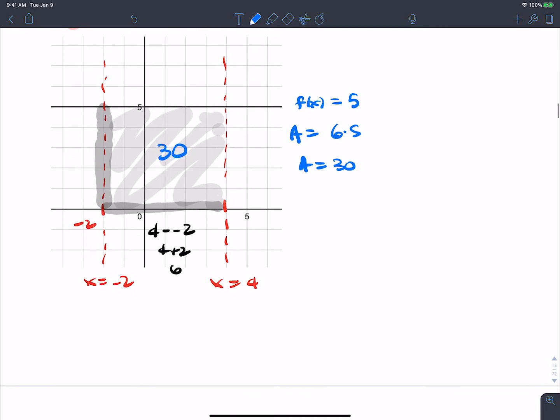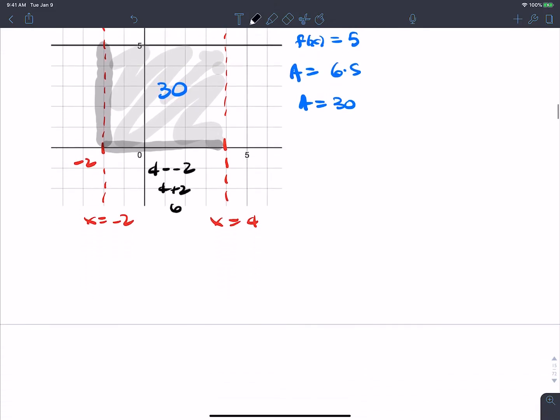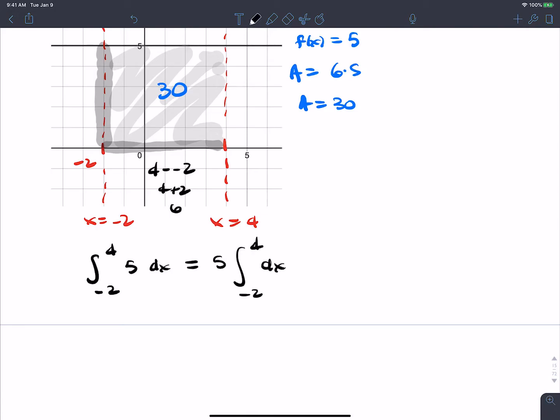A couple of things here. If we remember the calculus, negative 2 to 4, function is 5. Okay. Pull out your what? Constant. Remember this? And what's the antiderivative now if I go up here? What's the antiderivative of 1? That was x. Evaluate this from negative 2 to positive 4.